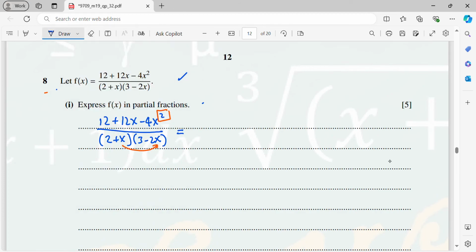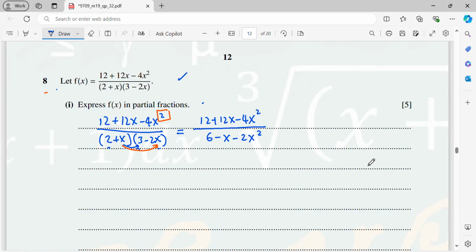So I have to expand the denominator. The numerator is 12 plus 12x minus 4x squared. For the denominator, when you expand, 2 times 3 is 6. 2 times minus 2x is minus 4x. Minus 4x together with this 3x will be minus x. Then x times minus 2x is minus 2x squared.